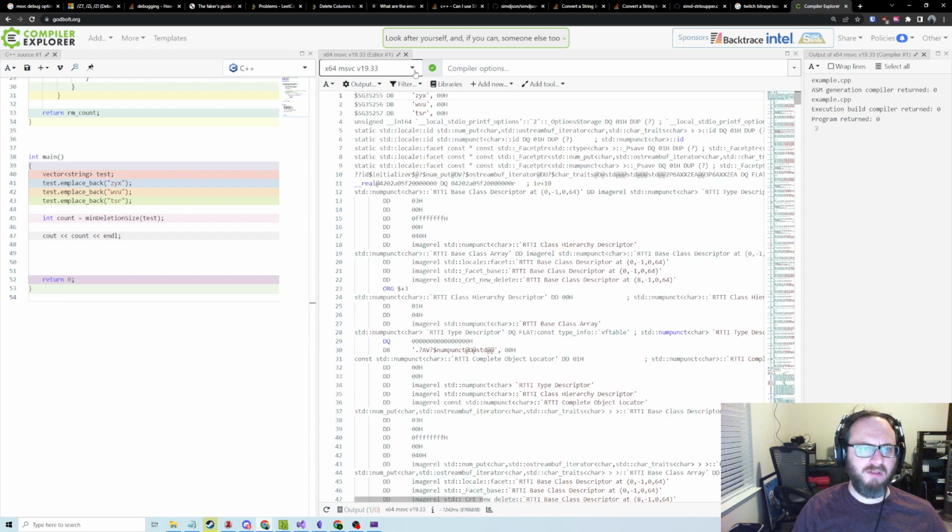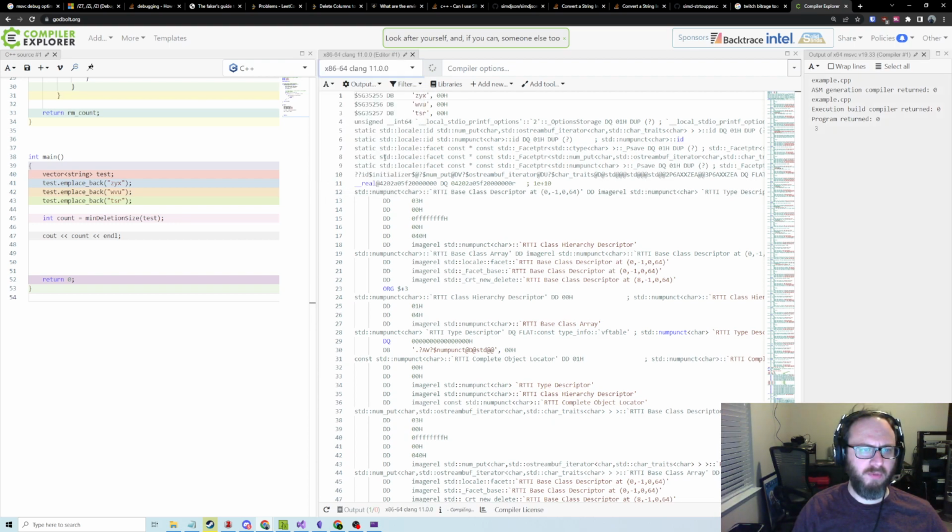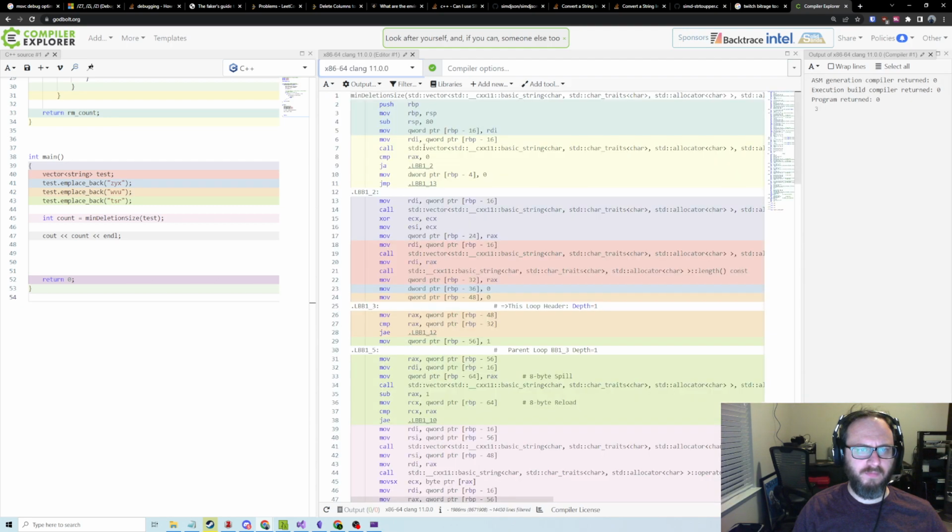I was doing MSVC, but we can pick Clang. Oh geez, what is all of this? I just want C++. There we go. 11, right here. Boom. So that's the same as LeetCode, and then we can do.